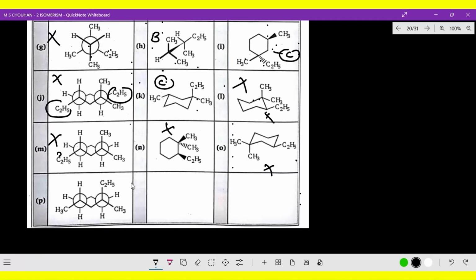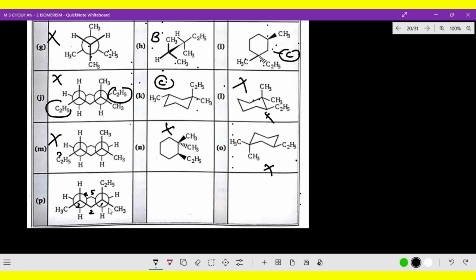And the next one here, 1 ethyl. Here let us check it. Here that means here 1 2. See, this is 1 and this is 2 and this is 3. This is 3 and this is 4. This is 4 and this is 5. So 1 2 3 4 5.